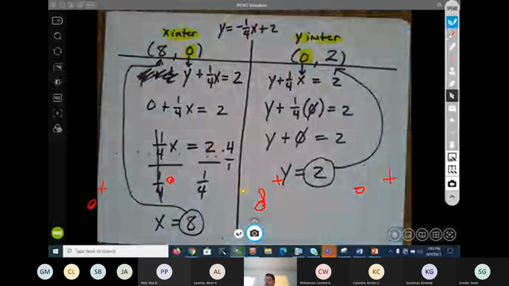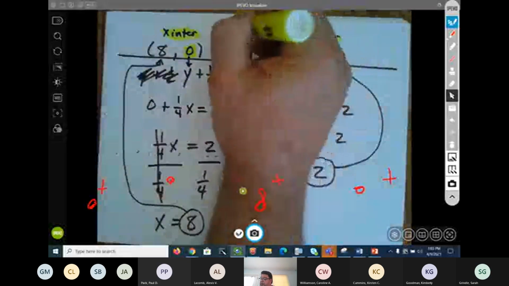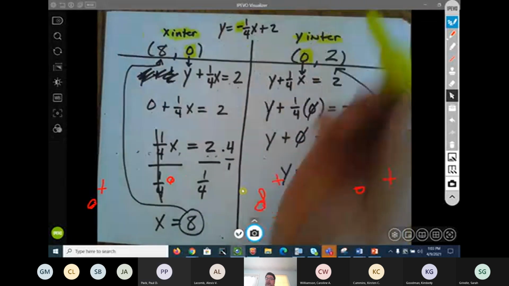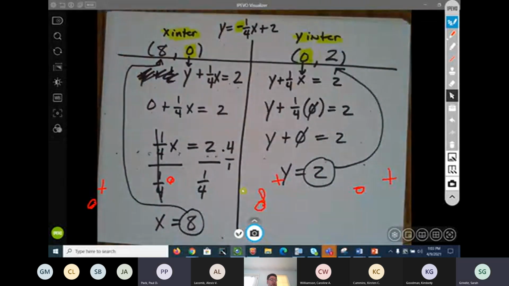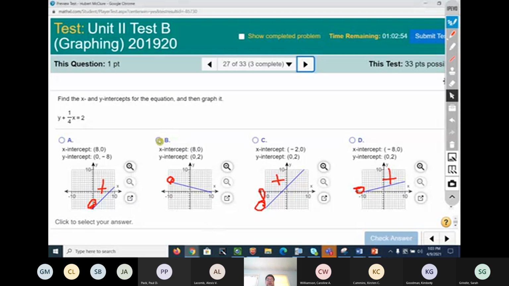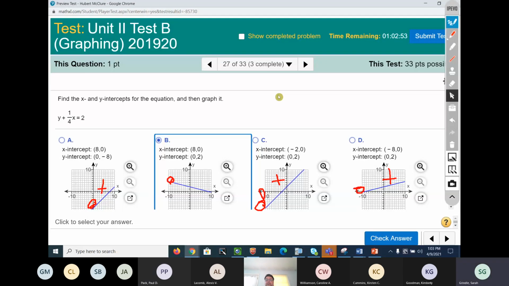And what does that negative in front of the x mean? It's a negative slope. So you can actually deduce which one it is. It's B, and not even do any math. Fabulous. Feel good about yourself.